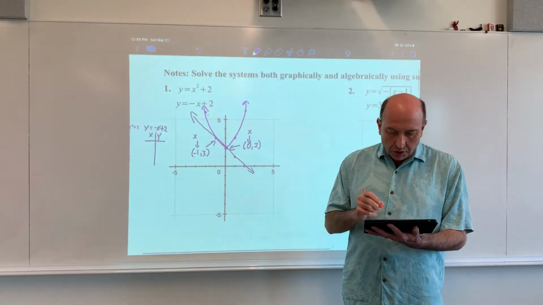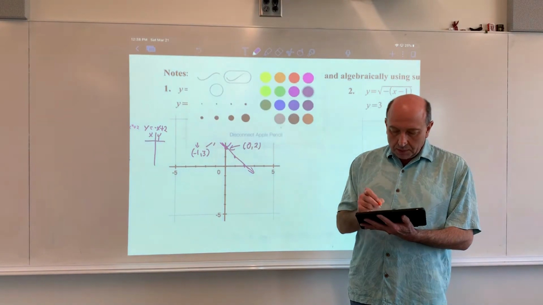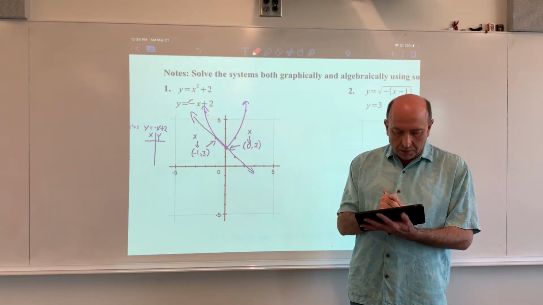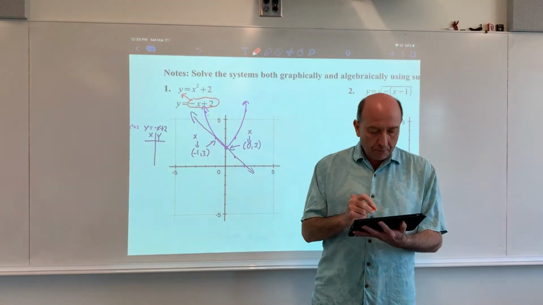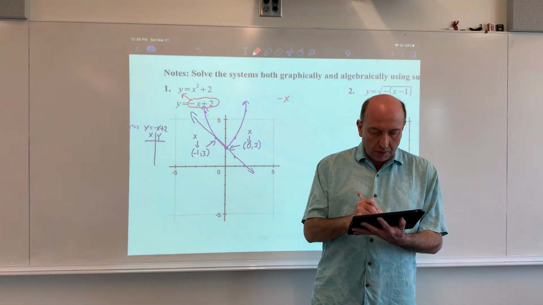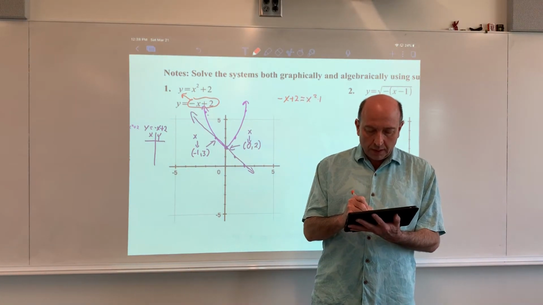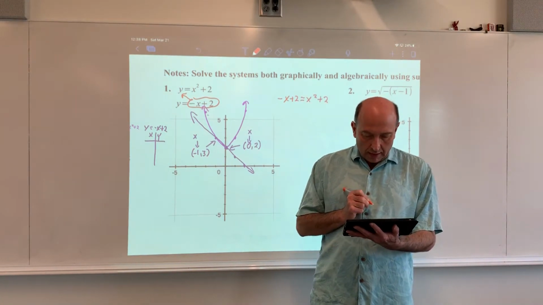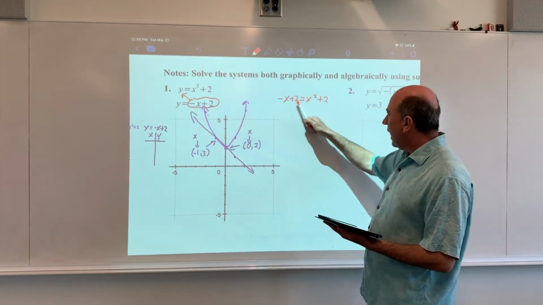Okay, so here's the algebraic solution. So I will use substitution. I will substitute in negative x plus 2 for the y. So I'm getting negative x plus 2 equals x squared plus 2. Now, I've got an x squared term and an x term.